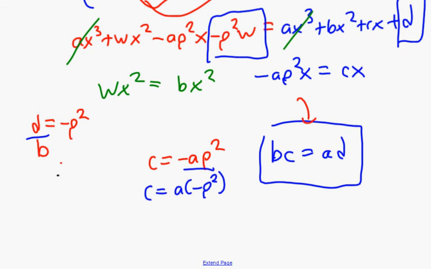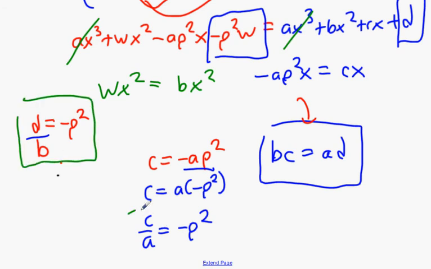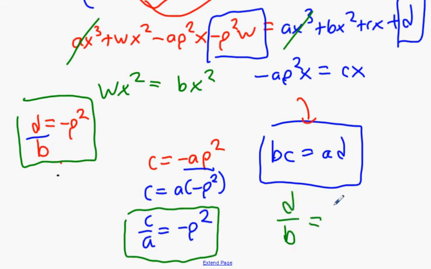What happens if I were to divide that under the other side? It's multiplied by A on the right hand side, so when it moves to the left hand side, what happens to it? So C over A equals, now minus P squared is equal to D over B, but it's also equal to C over A, therefore by logic the two of them must be the same.